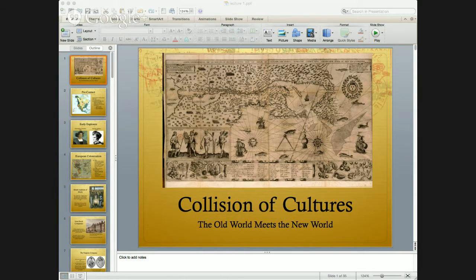So what the Massachusetts Bay does is it kind of marries the characteristics of New England and the characteristics of Virginia together. So it's a for-profit joint stock company, but it's got this religious component to it as well, being led by Puritans, being led by John Winthrop.